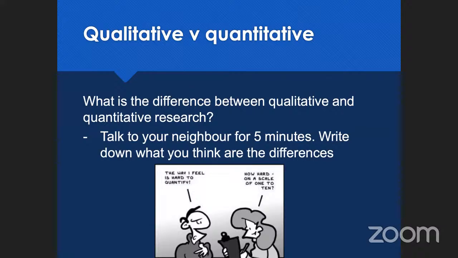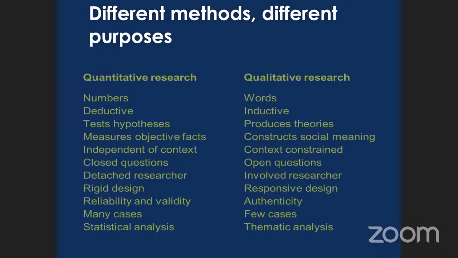So, what is the difference between qualitative and quantitative research? As you can think about this, they are different methods with different purposes. Quantitative research deals with numbers that are measured, while qualitative research focuses more on the words that are given, and it is also an inductive type of research.